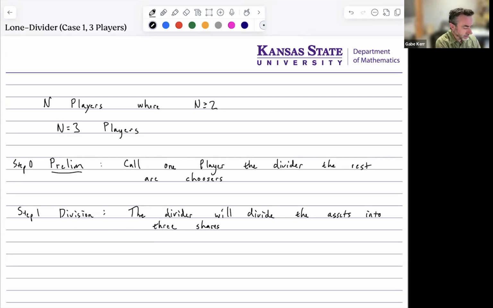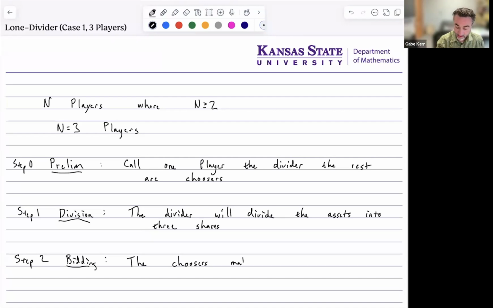So what happens next? This is where things get a little interesting and a little different. In this method, the second step is called bidding. Okay, and so what happens here? The choosers, each of the choosers, there are 2 of them in this case, bid on the 3 shares.